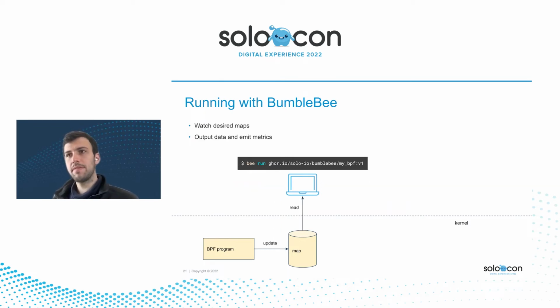Once the BPF program is running, we watch those desired maps and output that data as either logs or metrics. We do this again by certain metadata provided to us in the kernel program itself. So every time you run one of these programs, there's no user space necessary. You just do bee run, and that's it.